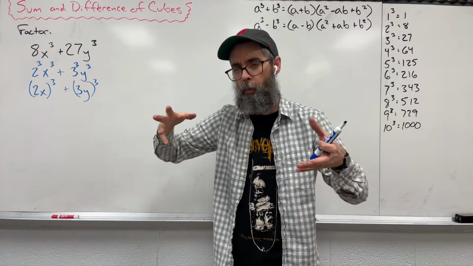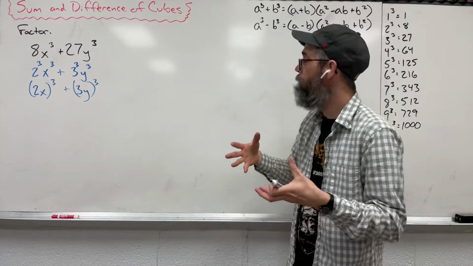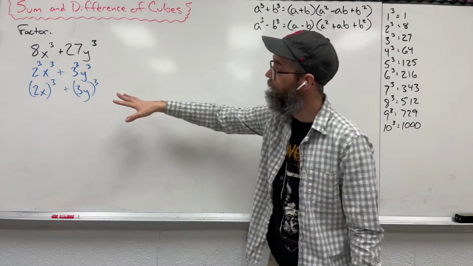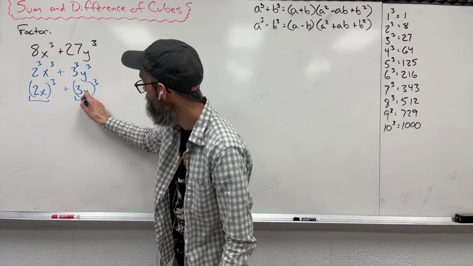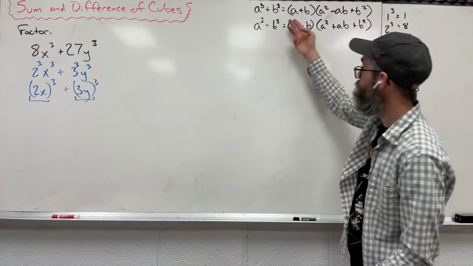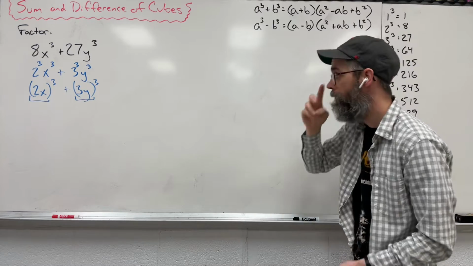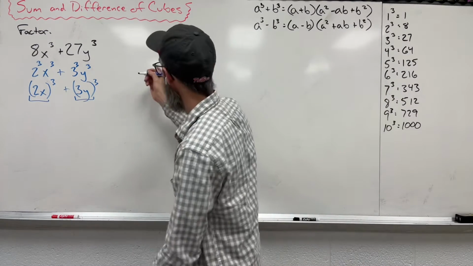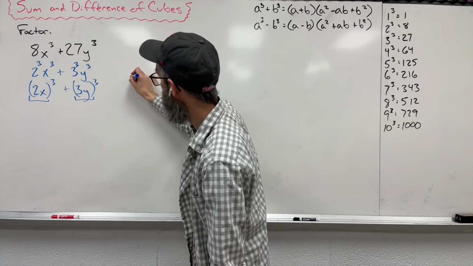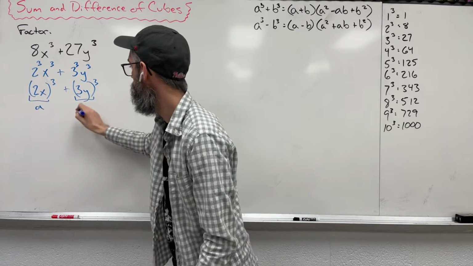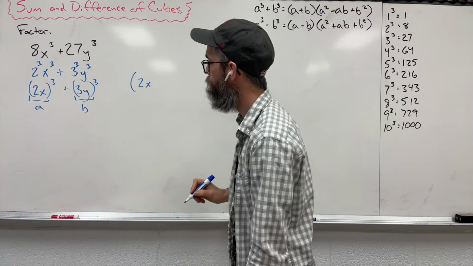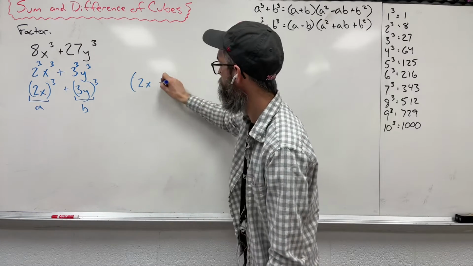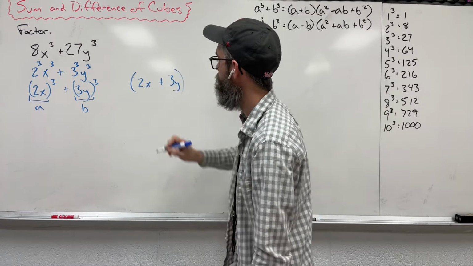So when we come to factoring, we have a bit of a shortcut now where we take my a, just that, my b, just that, and we start filling things into the formula. So a plus b: my a value is 2x plus my b value, 3y.